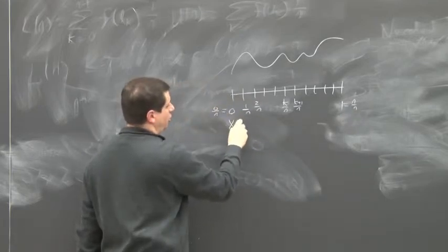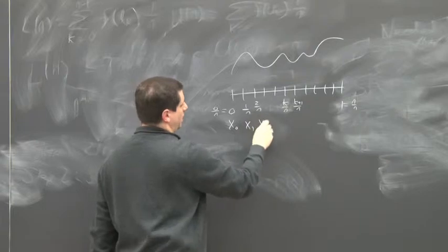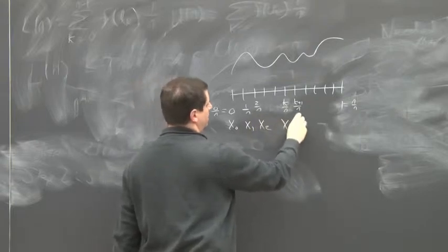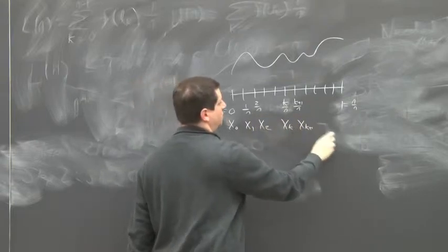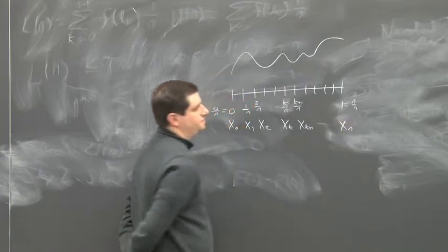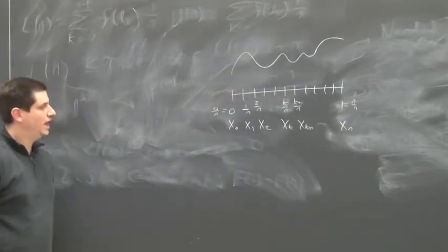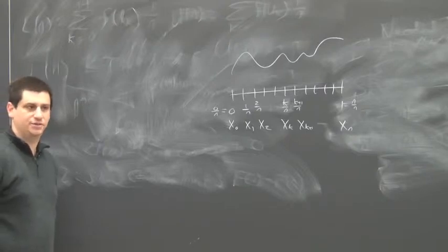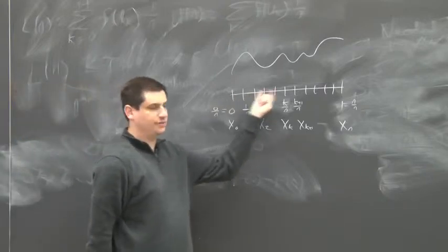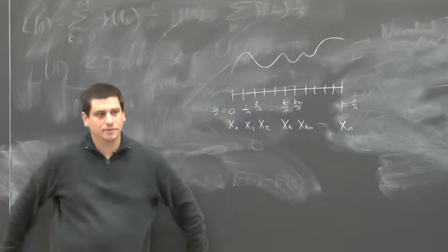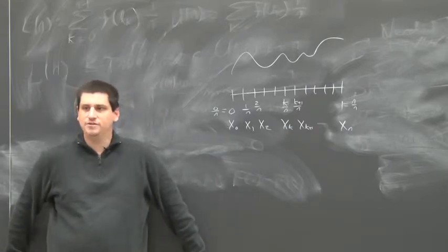So these points I'm going to call x0, x1, x2, xk, xk plus 1, xn. So I've divided my interval up into n equally sized intervals. How big is each interval? How far is it from the left endpoint to the right endpoint of these intervals?